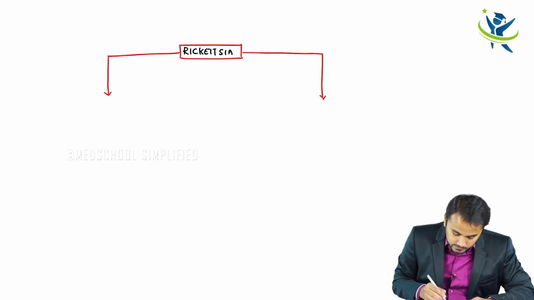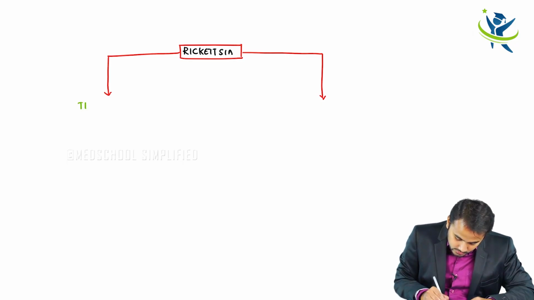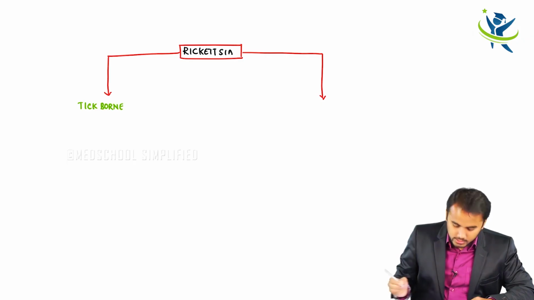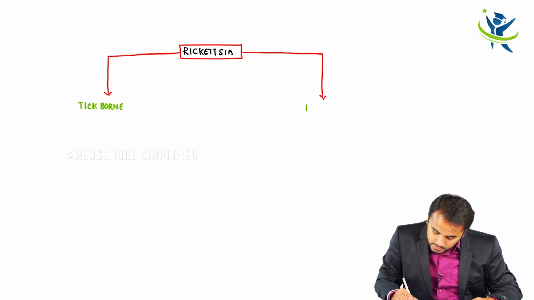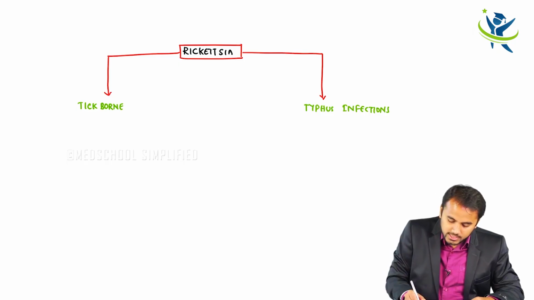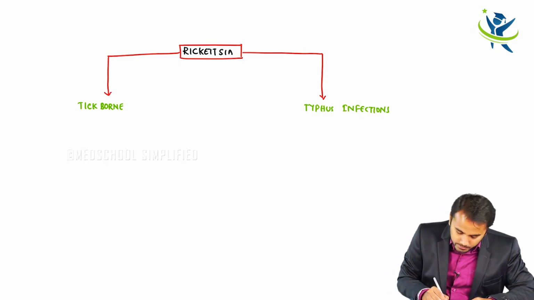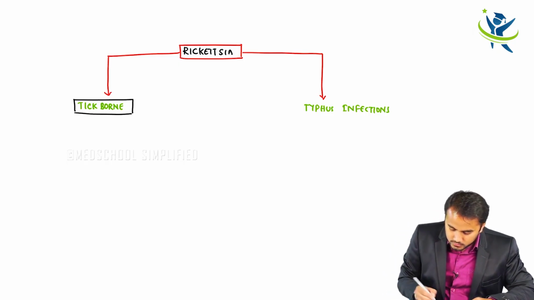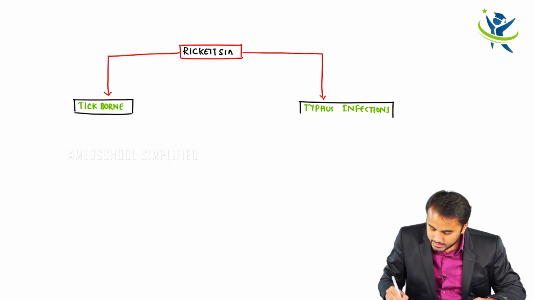One is tick-borne infections and the other one is typhus infections. These are the basic two groups of infections which are caused by Rickettsia.